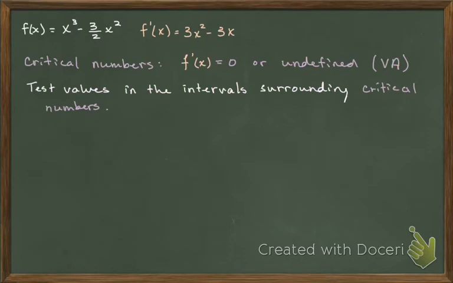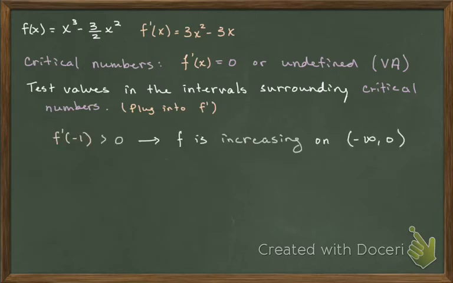I test values in the intervals surrounding those critical numbers, okay? So that's where that negative 1, 1/2, and 2 came from, as I plugged in around those critical numbers. And I plug those into the derivative, right? I'm looking for when the derivative is positive or negative to tell me what is going on with the function.